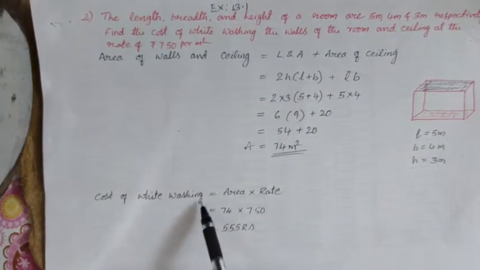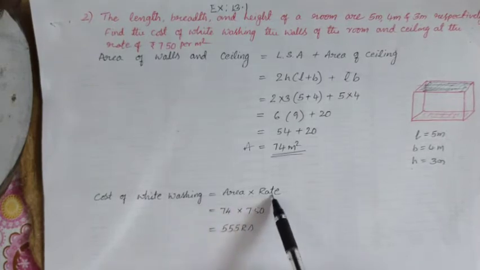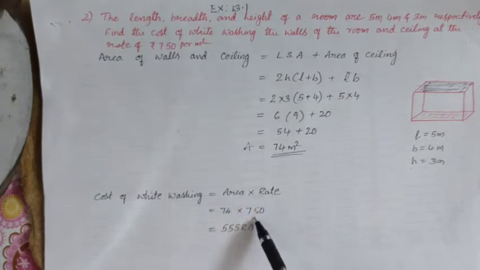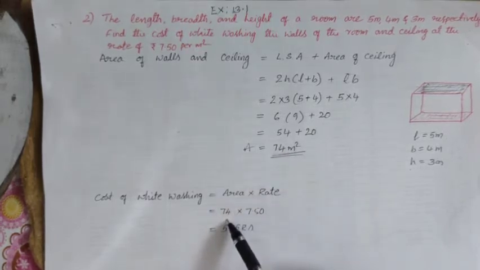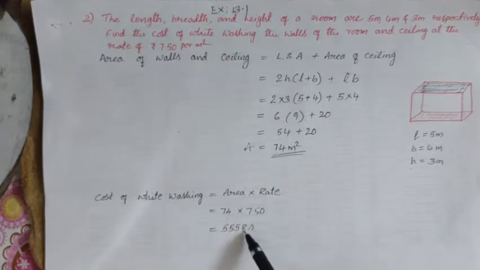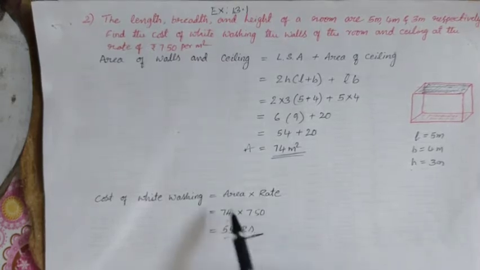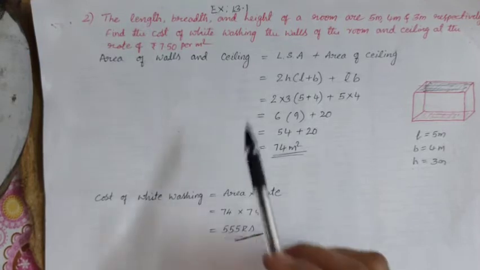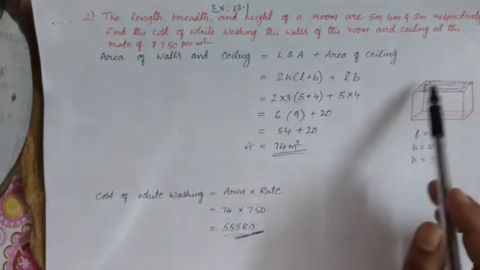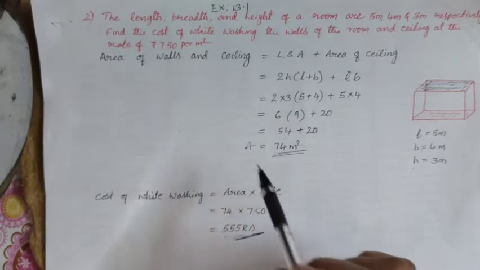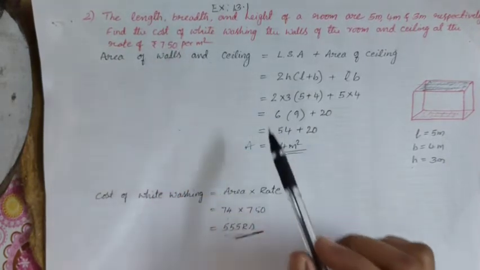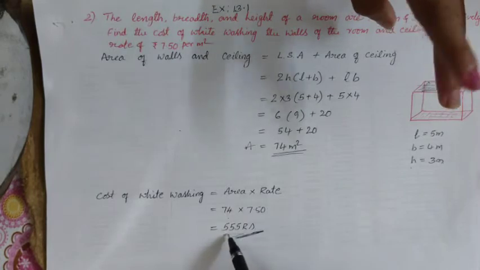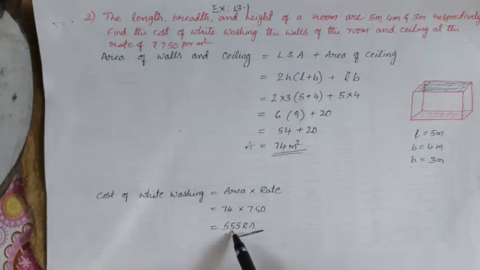So the cost of whitewashing the 4 walls and the ceiling, at 7.50 per meter square for 74 meter square, is 555 rupees.